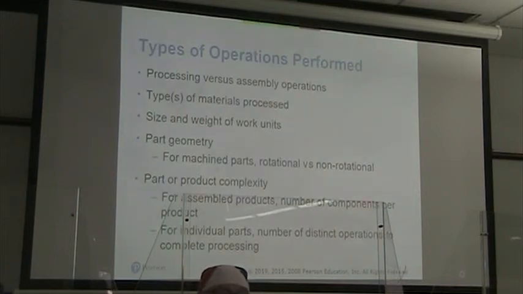If we're talking about machine parts, then it is rotational versus non-rotational parts. For part or product complexity, if we're talking about assembling products, then it's the number of components in the product. For individual parts, it's the number of operations that we have to do to complete the process.